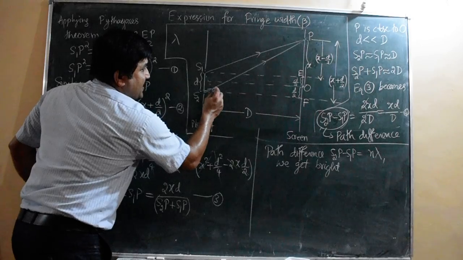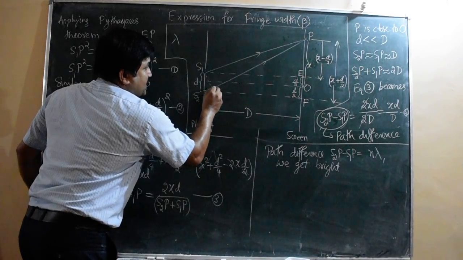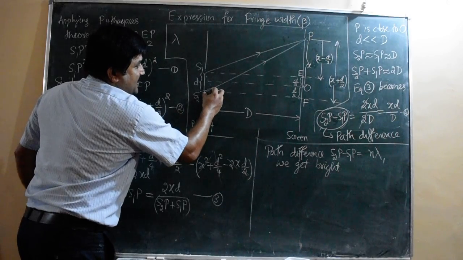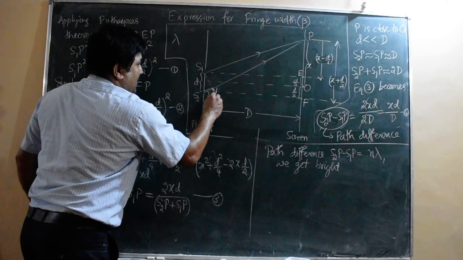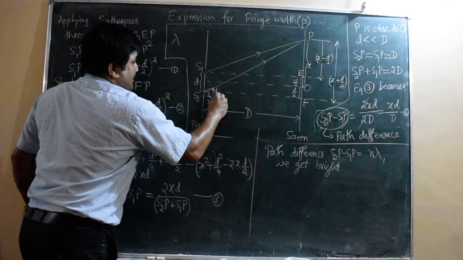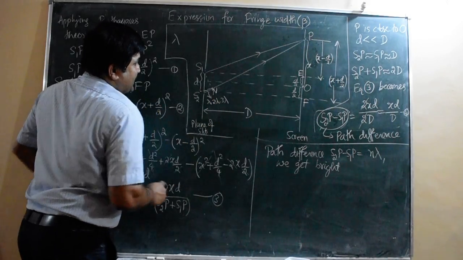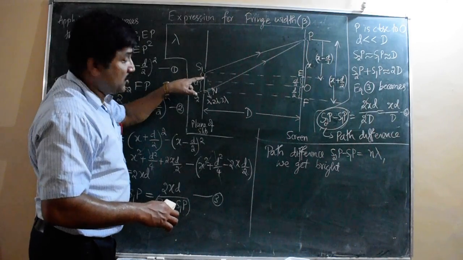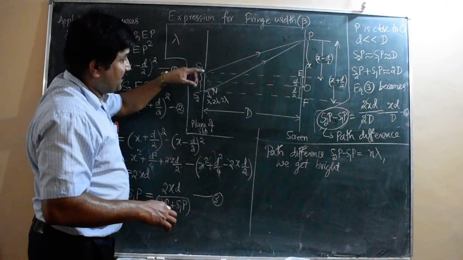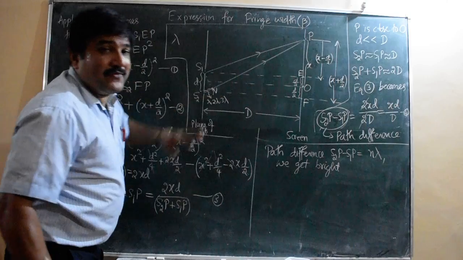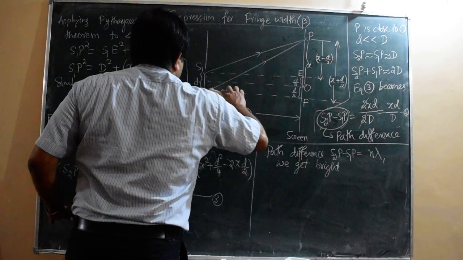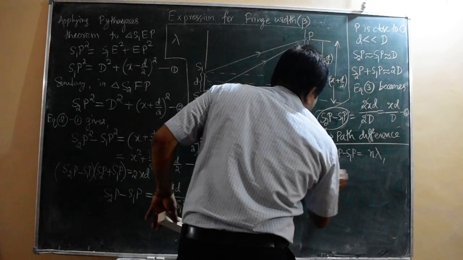That means for this distance S2 to S1, instead of S1 I write some point n, so S2n is lambda or 2 lambda or 3 lambda, etc. If it is one full lambda, or 2 waves, 3 waves complete, then that point P will be a bright fringe.